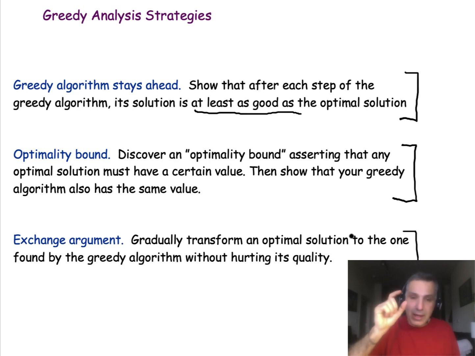The important thing, however, is that as you do these exchanges, as you gradually change the solution, you never really sacrifice its quality. So if you start with an optimal solution, you gradually change it, but it always stays optimal until eventually you show that you have got the same solution that the greedy algorithm would give you.